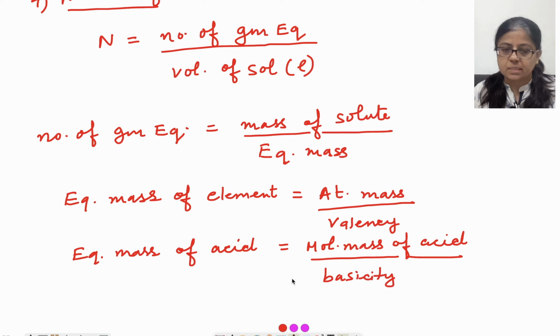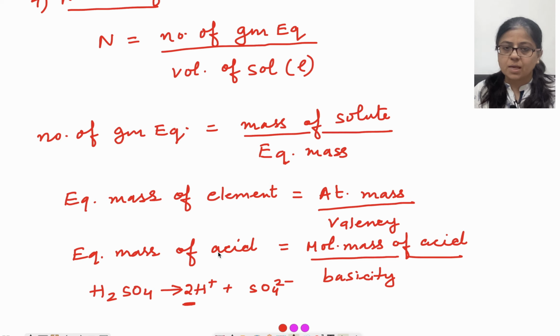Now, what is basicity? Suppose we are taking the example of H2SO4. When it gives ions in the solution, it gives 2H plus and one sulfate ion. So the basicity here is 2. So we will divide the molecular mass of the acid with basicity. This is how you can calculate the equivalent mass of an acid.